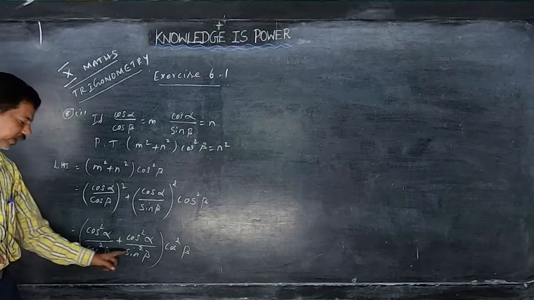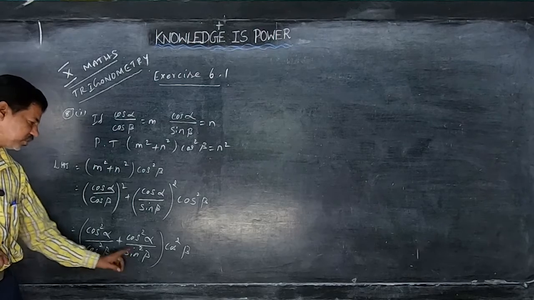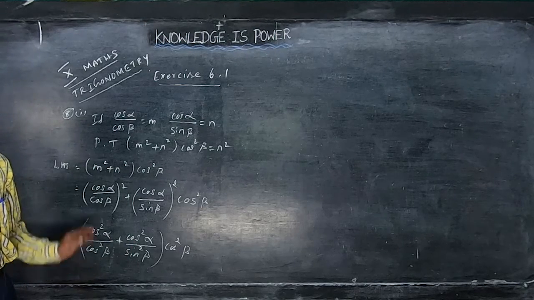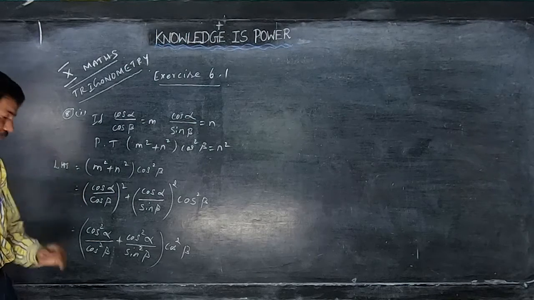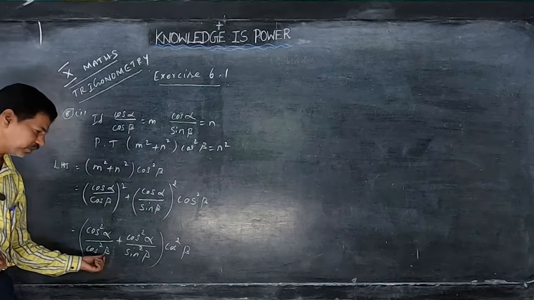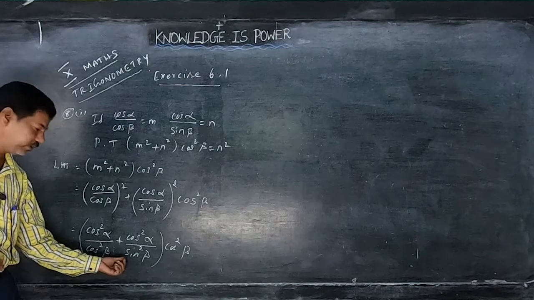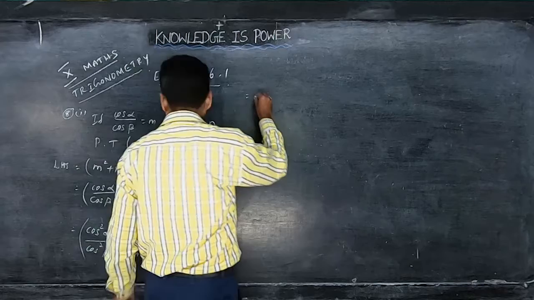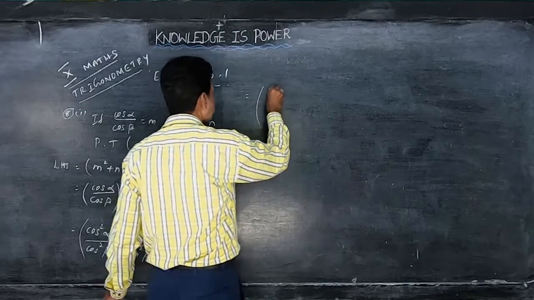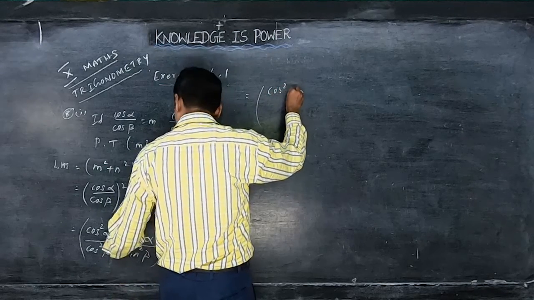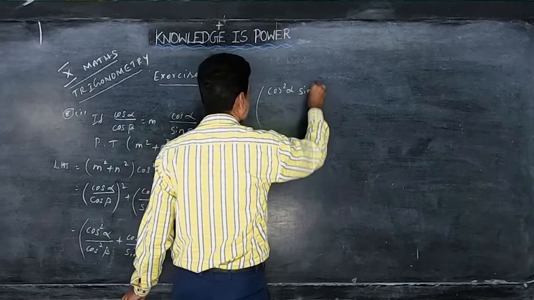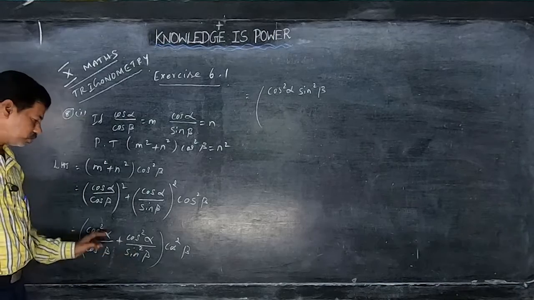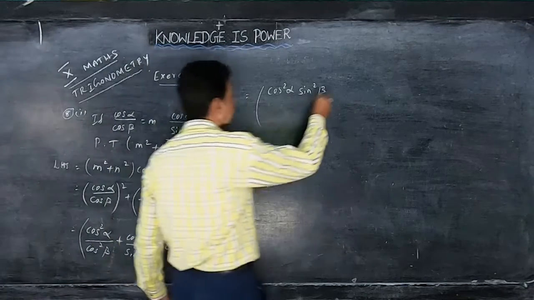If you take the LCM for these two terms, this will come here and this will go here, according to the rules of cross multiplication. These two will come in the denominator, then cross multiply. Next step: what will we get in the numerator? Cos square alpha sin square beta, because this is a cross multiplication, and the same happened here also.